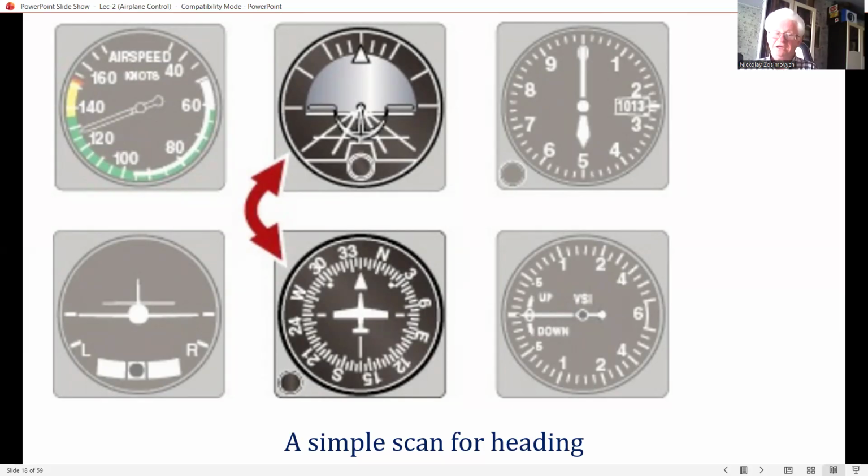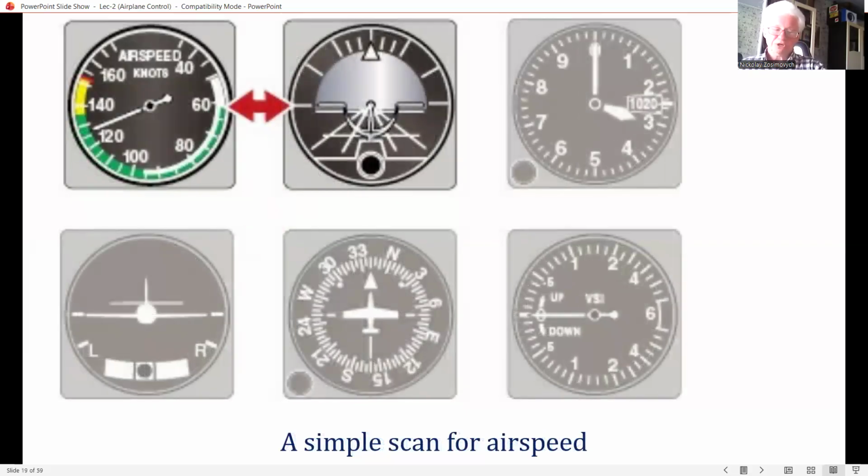From the AI, the eyes can be moved straight down to the HI to absorb heading information before returning to the AI. Each eye movement to obtain information is very simple, starting at the attitude indicator and radiating out to the relevant instrument before returning to the AI.